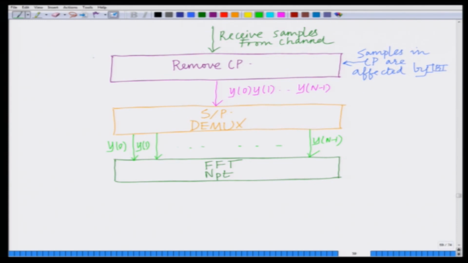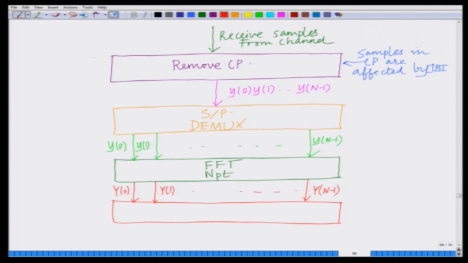At the output of the n-point FFT block, on each subcarrier, you get the corresponding output: capital Y of 0, capital Y of 1, and so on, up to capital Y of n minus 1.